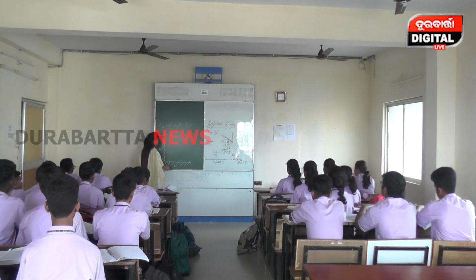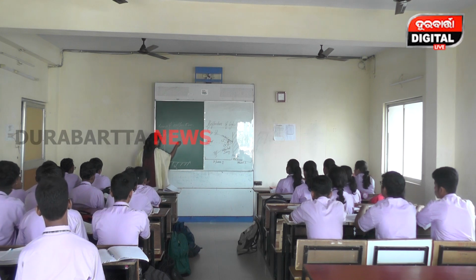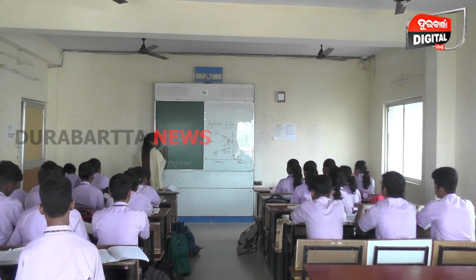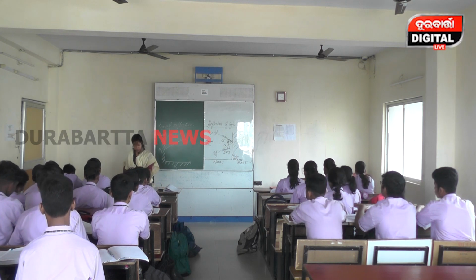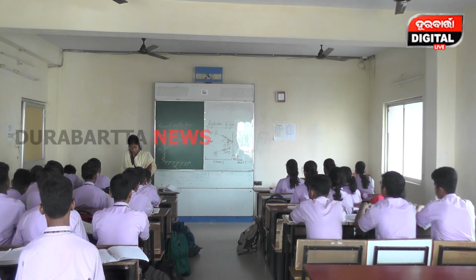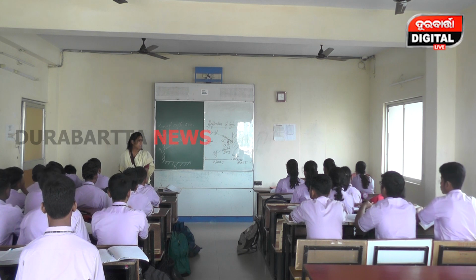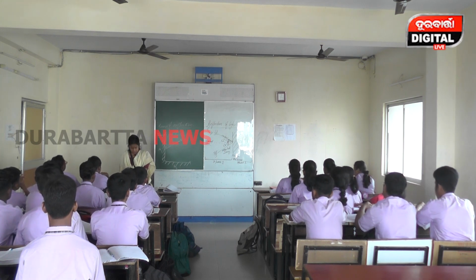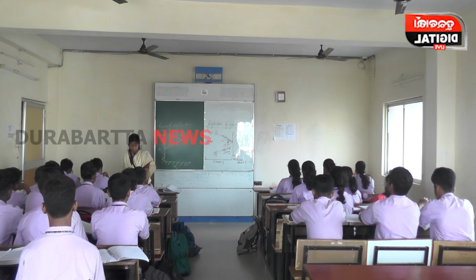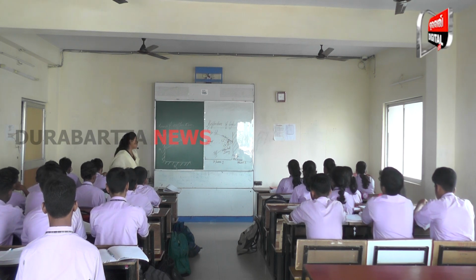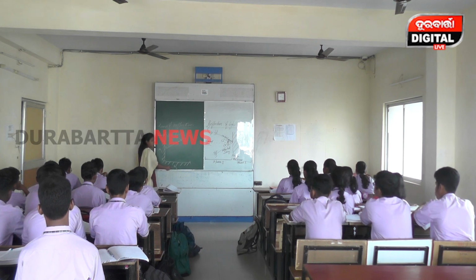This is our mirror PQ, and the name of the incident ray is AB. The angle of incidence is 30 degrees. Now draw the path of the reflected ray from the second mirror QR and find the angle of reflection for the mirror QR. You have to find out the angle of reflection for the second mirror.